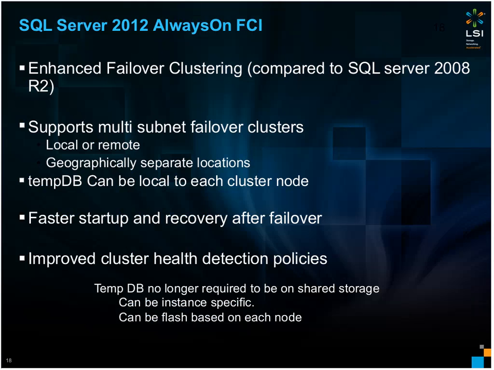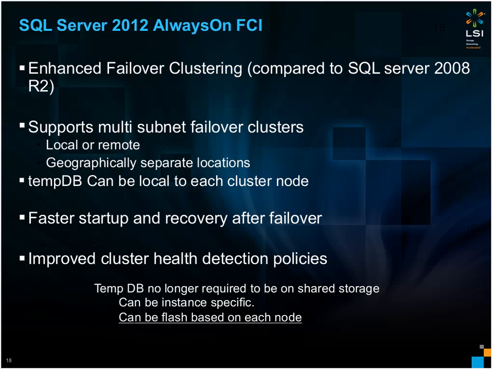The big takeaway to all this, and I think I've underlined it, and I see it's not coming up, but the underline is Flash TempDB can be local to each cluster node. With SQL Server 2008 R2, TempDB was on spinning media, in a SAN, on shared storage.